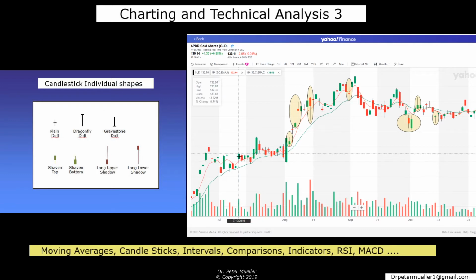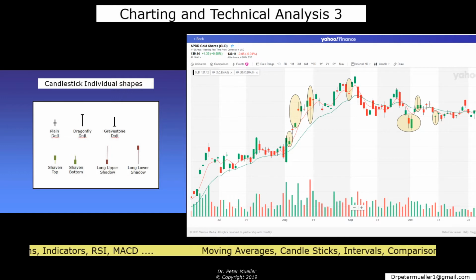And let's have a look here. Here, for example, we have a shaven top here and a shaven bottom. For example, we see it here. And here we have a shaven bottom for this red one. And here we have a shaven top on this green bar. Here is another shaven top.